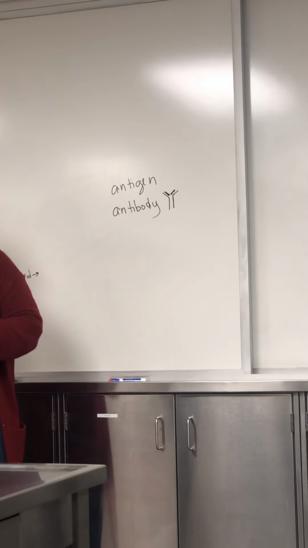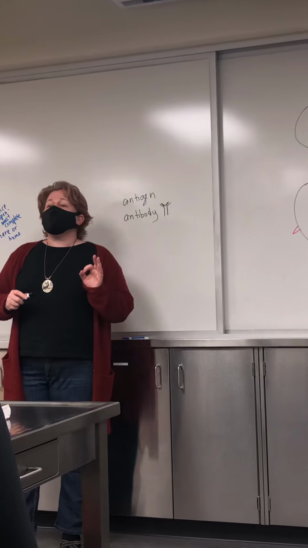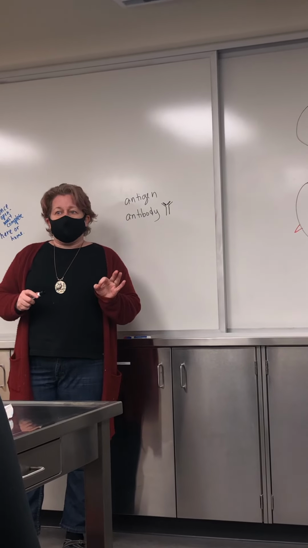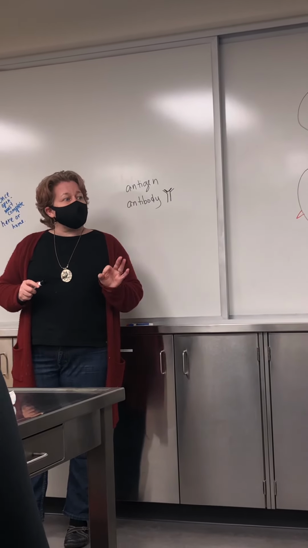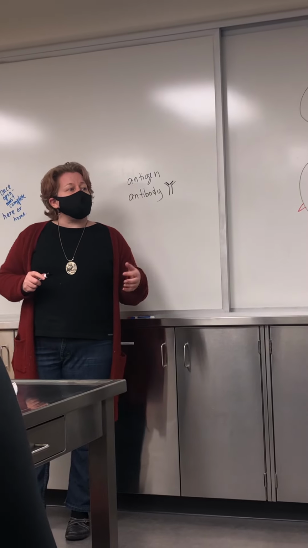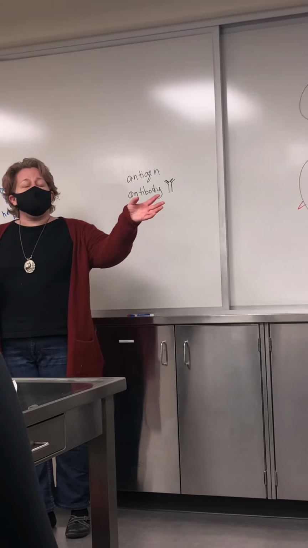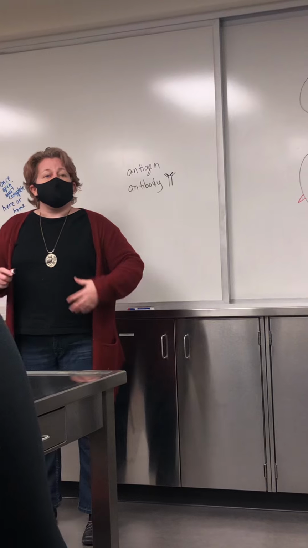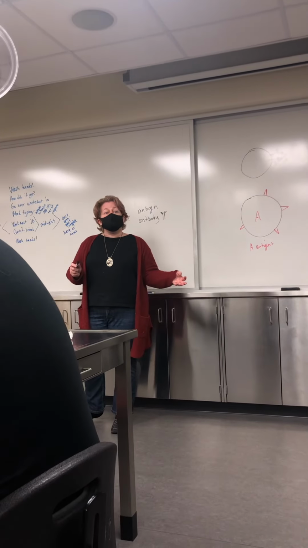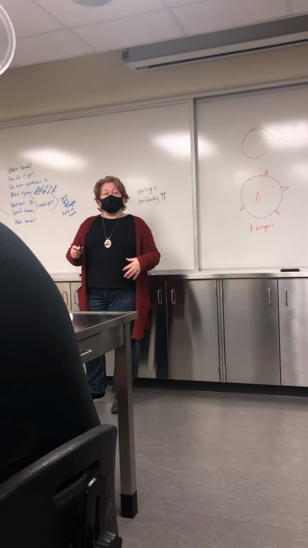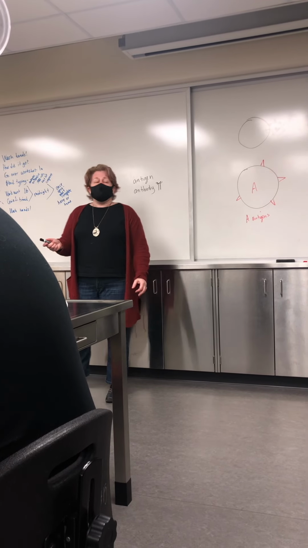Y-shaped proteins called antibodies, these are not bound to a membrane, at least not usually. Usually, antibodies are free floating in the body's fluids. In the blood, in the interstitial fluid, in the lymph, if you know what that is, you will find free floating antibodies.